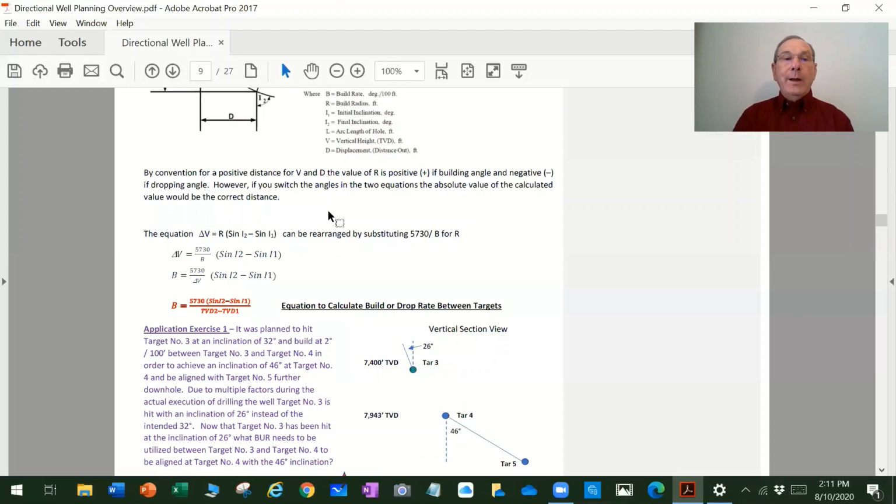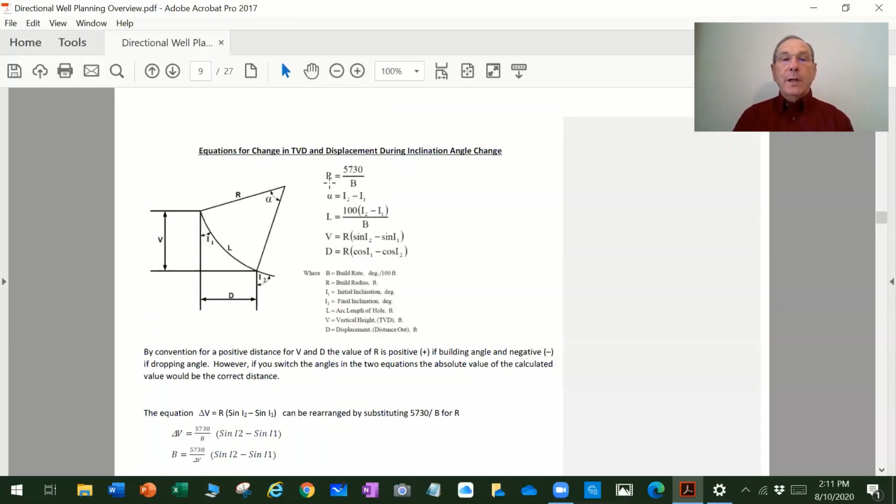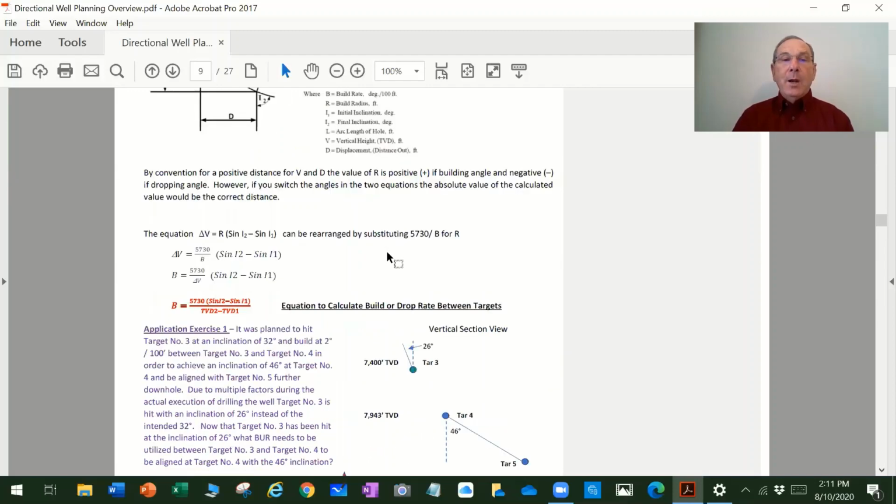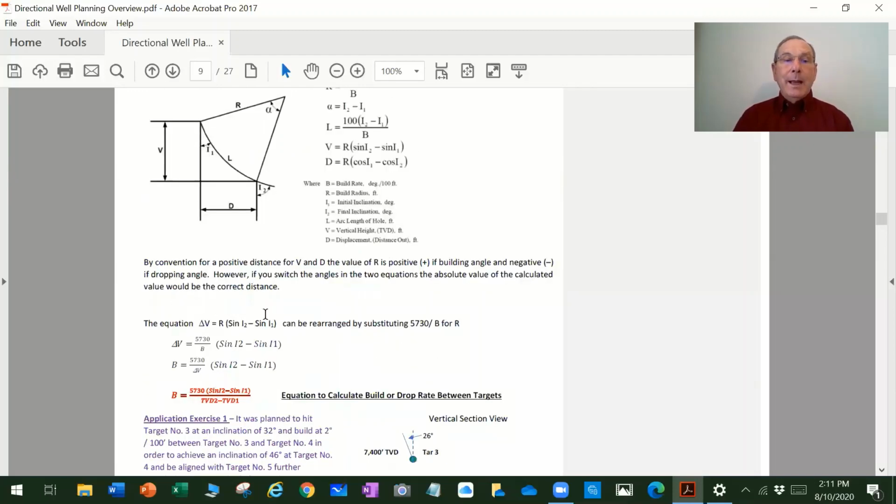Now, likewise, we can take this equation that we saw here. The change in vertical depth, if you want to think of it that way, is R times the difference of the sine. We can take that, rearrange it and substitute for R. We can put R equal to 5730 divided by the build rate into this R here.